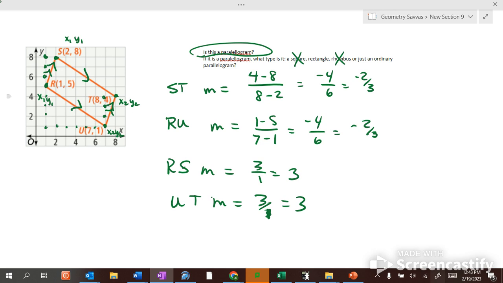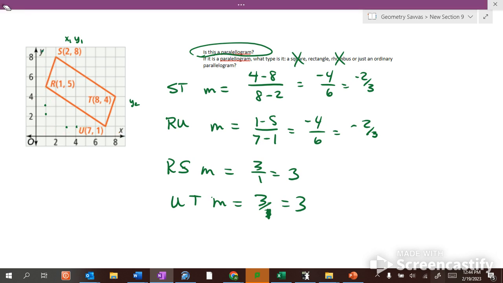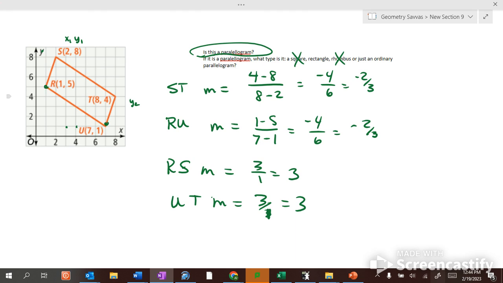And to figure out if it's a rectangle or not, we've got to see if these are right angles. So we look at the slopes again. The slope of RU from here to here and the slope of UT from here to here. RU, UT, these two slopes, are these opposite reciprocals?